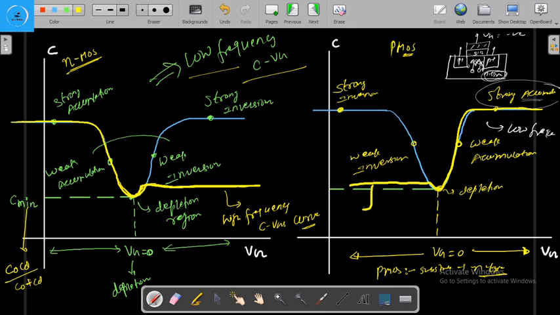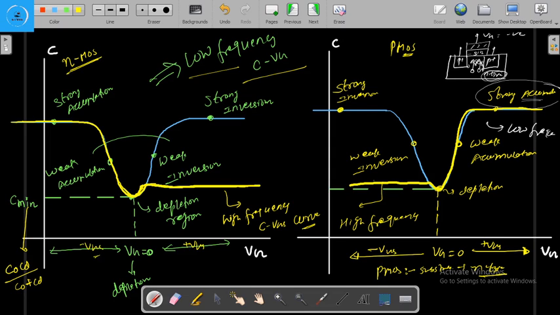For the high frequency, inversion does not occur, and for the low frequency, inversion will occur, right. So here is the negative VGS, here is positive VGS, and here is negative VGS.